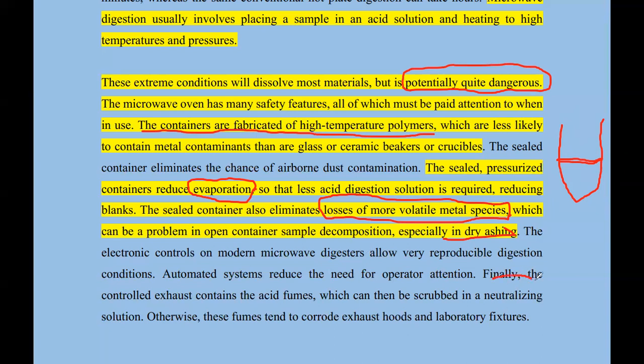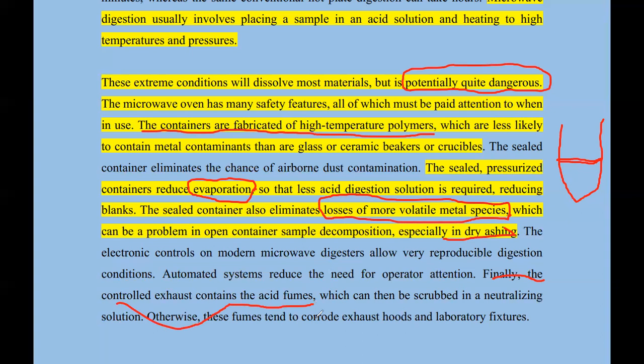So finally, we need to control the fumes. Yeah, the fumes of the acids, which I had even talked about. It may be important that even the fume that comes out of this machine has to be worked on, because most of the time they use nitric acid, hydrochloric acid in the presence of hydrogen peroxide.